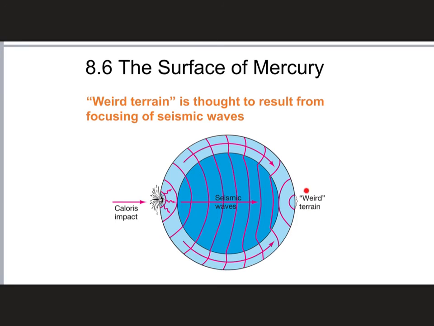And these combining seismic waves would create upheaval. Seismic waves, we think of them on Earth as being earthquakes. Well, this would be like a giant Mercury quake. And this created upheaval on the opposite side of Mercury. And the terrain there just is at very weird angles. It doesn't look like a natural phenomenon, even though it really is. And so it just came from this impact.